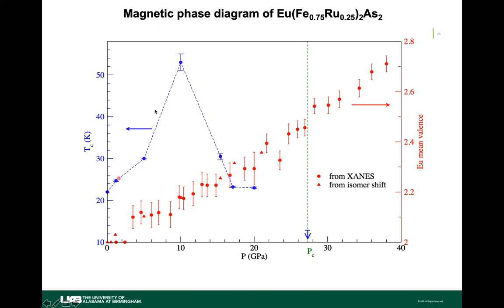So that contributes to the increase of the magnetic ordering temperature. And then later on, with the continuous increase of valence, the magnetic ordering temperature decreases under higher pressure, and eventually is completely suppressed around a mean valence of 2.5.